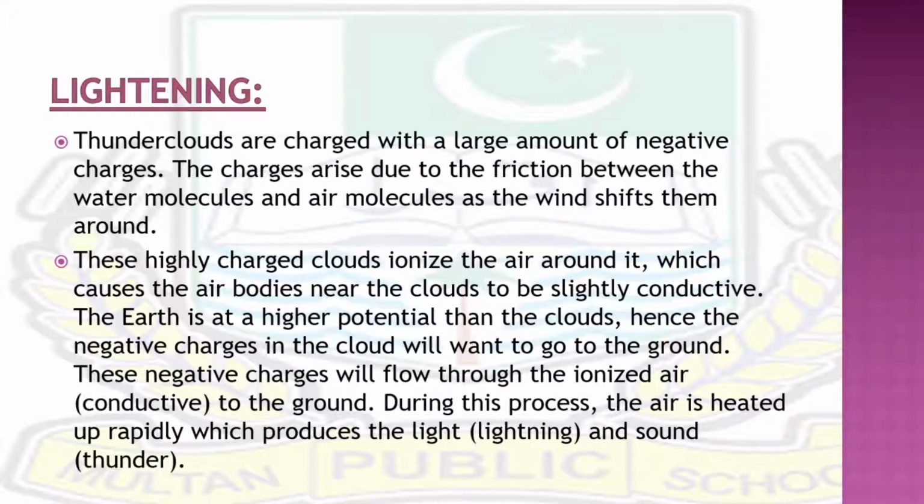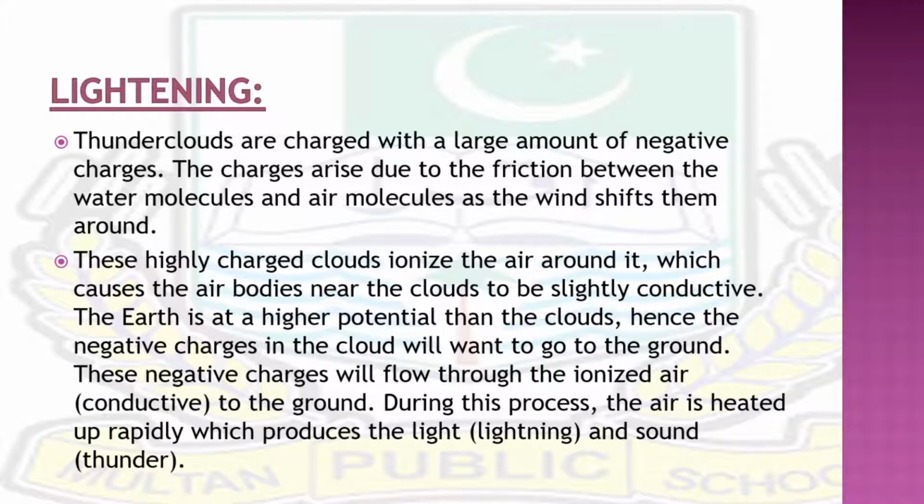These highly charged clouds ionize the air around them, which causes the air near the clouds to be slightly conductive. The Earth is at higher potential than the clouds. Hence, the negative charges in the cloud will want to go to the ground, and these negative charges will flow through the ionized air that is conductive to the ground.